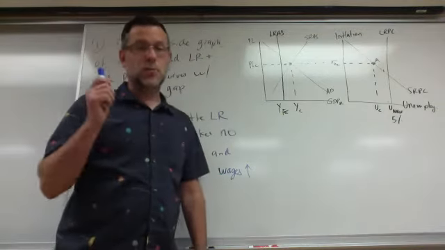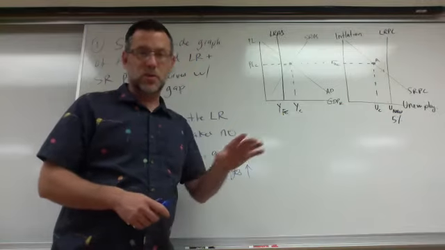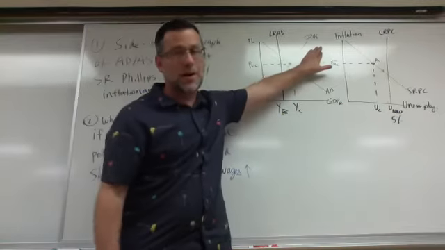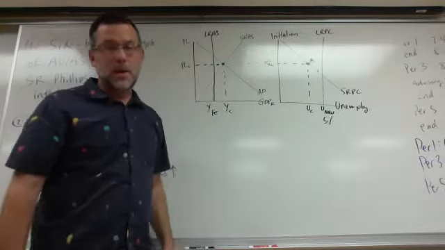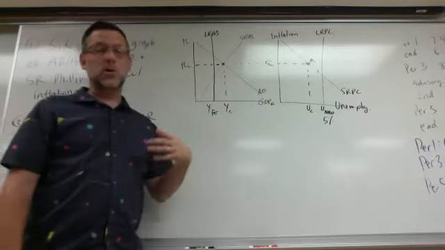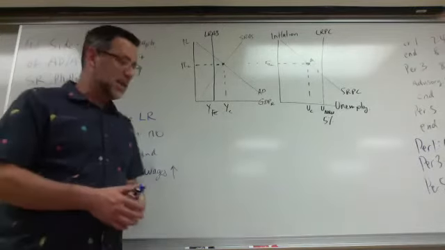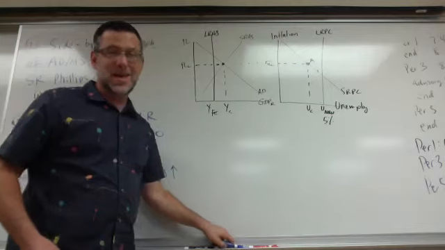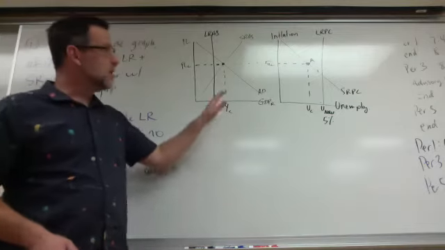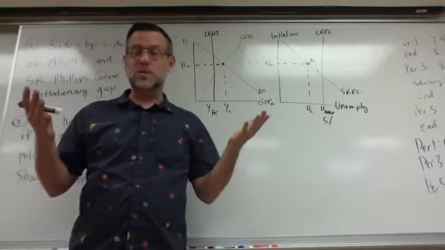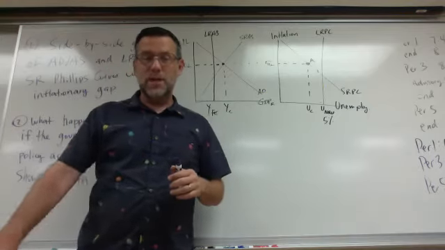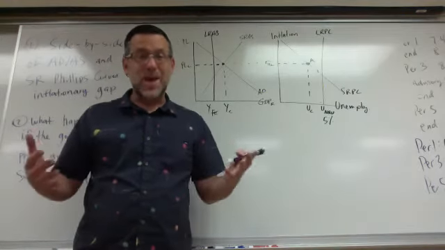Wages are a resource price, and remember, resource things shift short-run aggregate supply. So if wages are going up and workers are being paid more, it's going to cause businesses to say, you know what? During this inflationary economy, when the price of my product was going up but my workers' wages were still flat, I could make extra money.